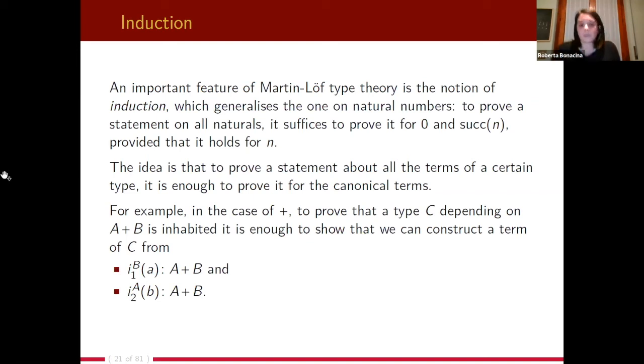So from a term a of type A, which is easily included in A + B, and a term b of type B, which again can be easily included. If we can prove this proposition from just those two cases, we can deduce that it holds for all the terms of type C.